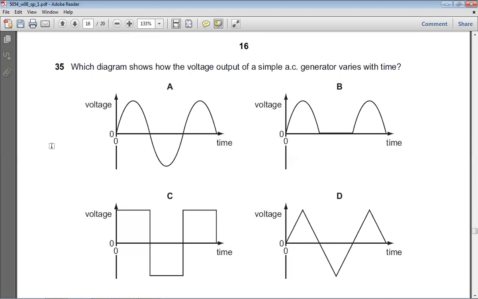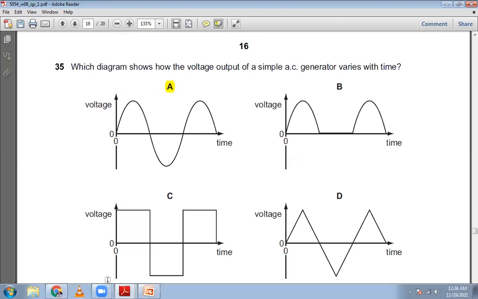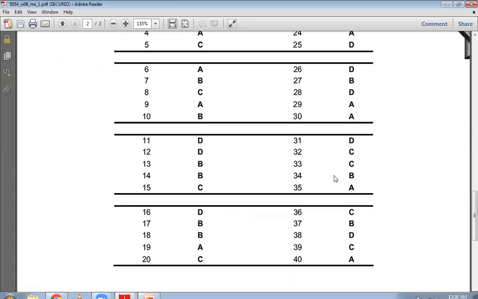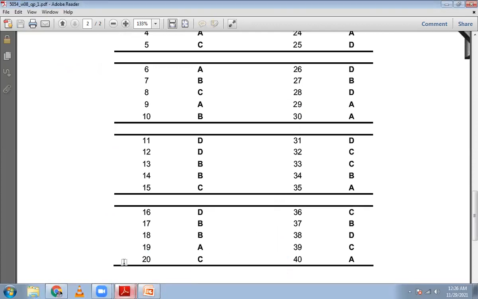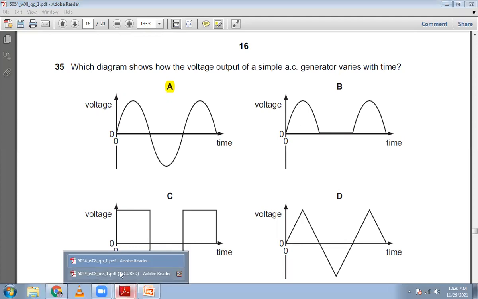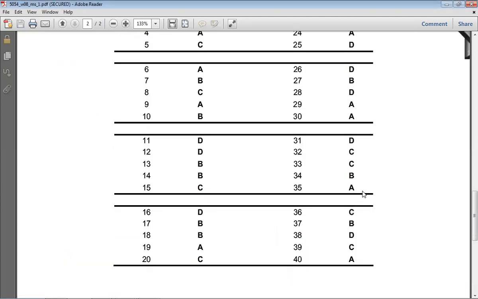It shows positive voltage, then it shows negative voltage. It's like the wave of water. We call it sinusoidal waves. So I think that A is the best option. Very simple and straightforward question, no confusion in it. Question number 35, A is the right option, sir.